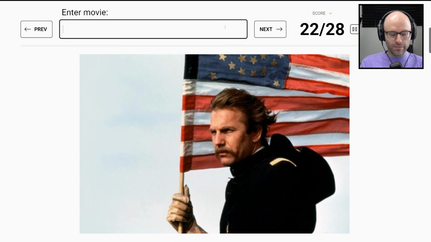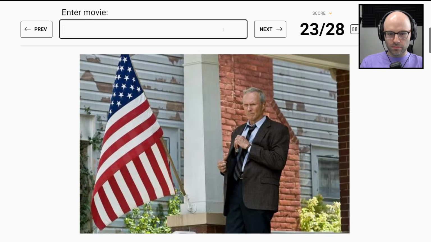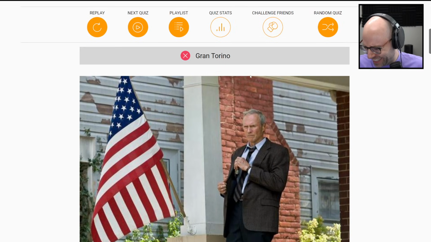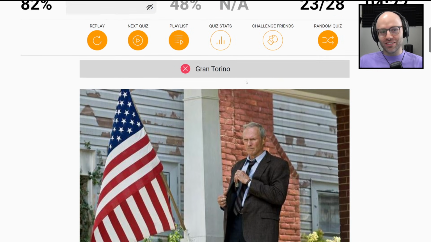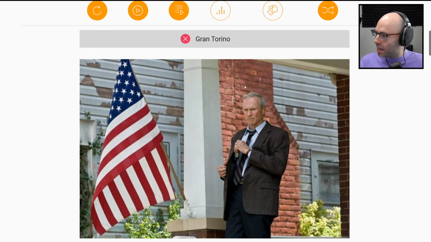Kevin Costner. I know this movie. I just don't remember what it's called or what it's about. Flags of Iwo Jima. Flags of Our Fathers. I'll give up. Gran Torino. It's like the only movie by Clint Eastwood I was 100% confident that it wasn't, was Gran Torino. Isn't he not a cop in Gran Torino?